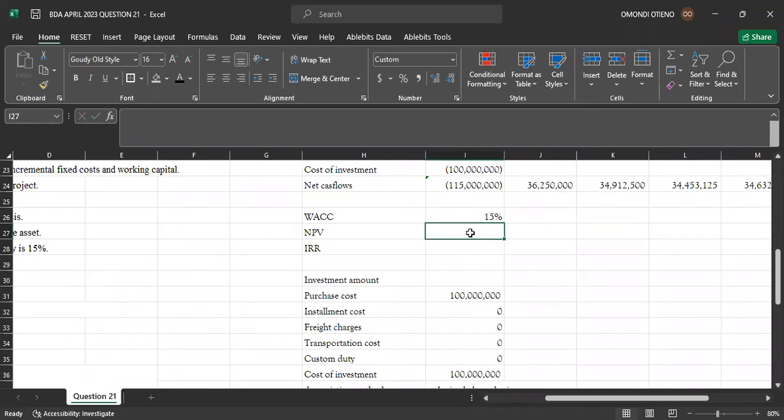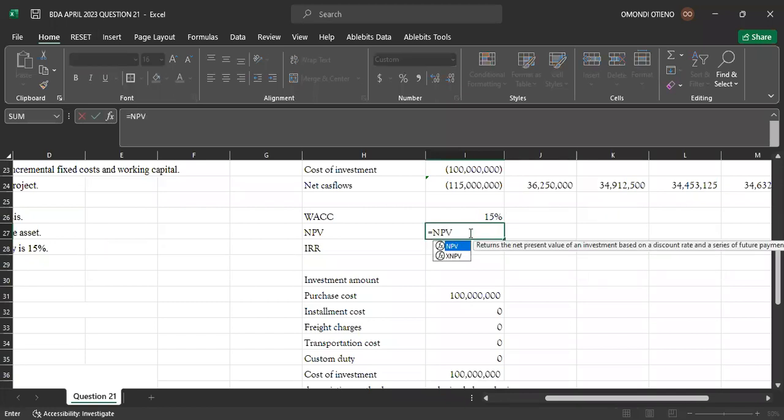NPV equal to net present value. Of course, here we are not considering what time frame. The interval between the dates is not considered because we don't have specific dates. So we are going to use what we call net present value formula. Weighted average cost of capital is the rate. Values we pick from year 1 to year 5.